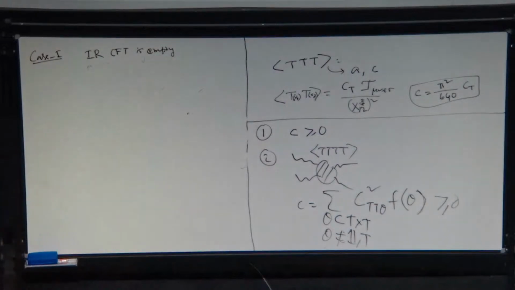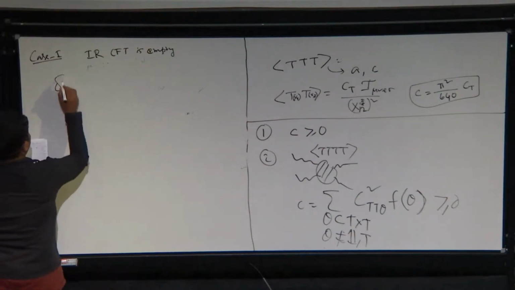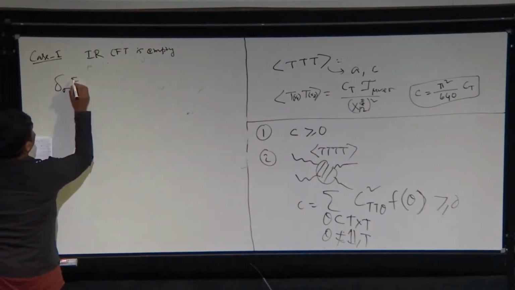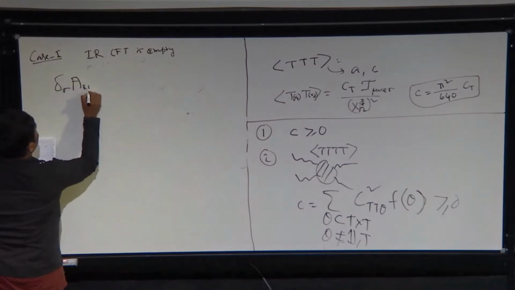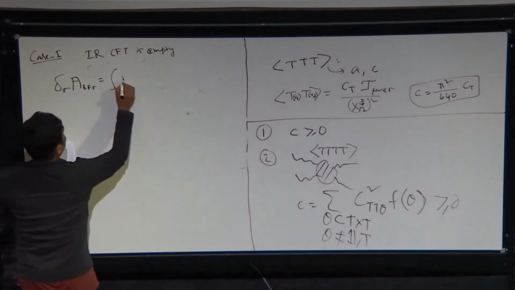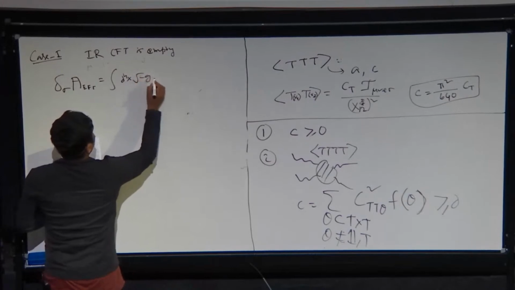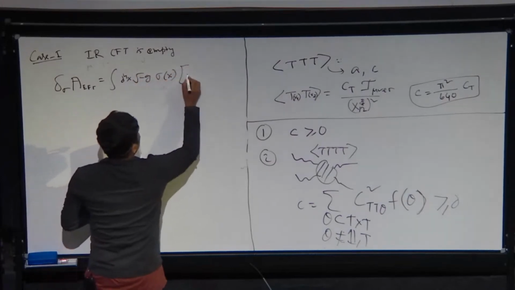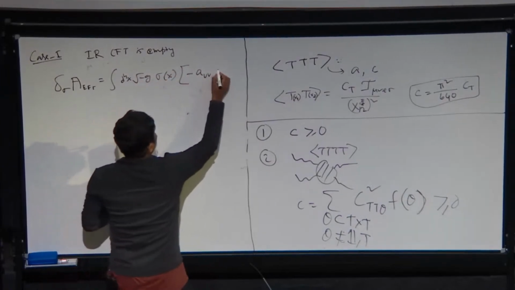In that case, we will always have an EFT action which is local in terms of the background field, because I only have massive degrees of freedom and I integrated them out. And if I now use the anomaly matching condition, then I have to satisfy that this EFT action should contain the UV anomaly coefficients.